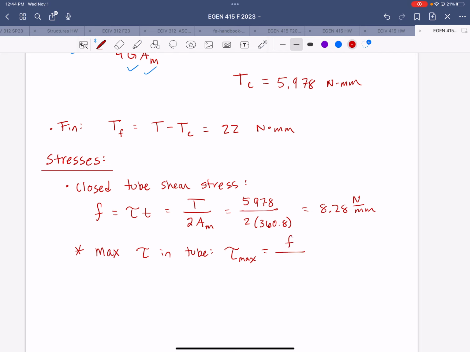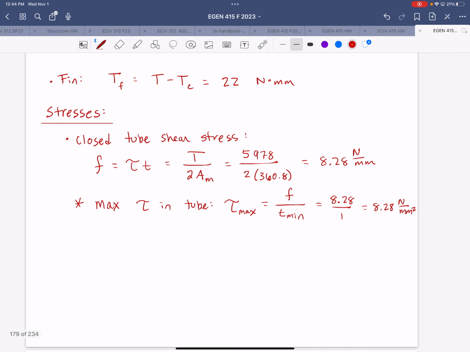So maximum shear stress will be shear flow divided by the minimum thickness. So wherever your thickness is minimum, that's where you'll have the maximum shear stress. In this case, that's just going to be 8.28 newtons per millimeter squared, which is the same as a megapascal. And that's going to be in the 1 millimeter thick sections.